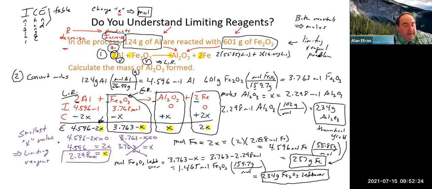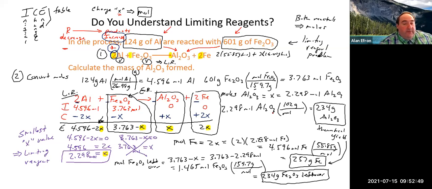And through this method, once you do those two separate calculations, you're looking for whichever one would produce the smaller number of grams of product, which in our case we already know is going to be 234 grams. So one of those, which would be the aluminum, would produce 234 grams.